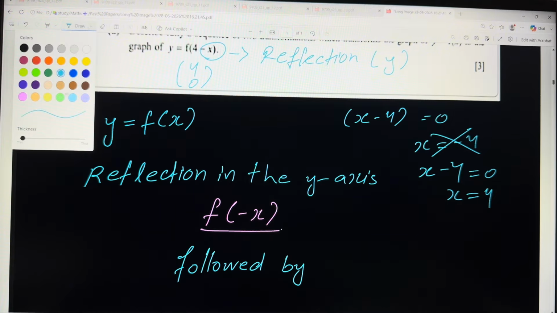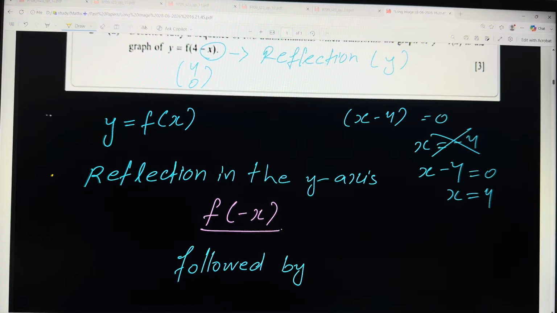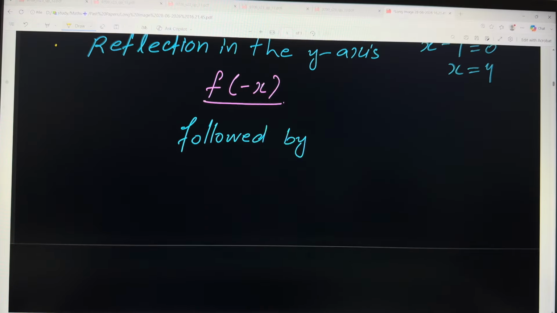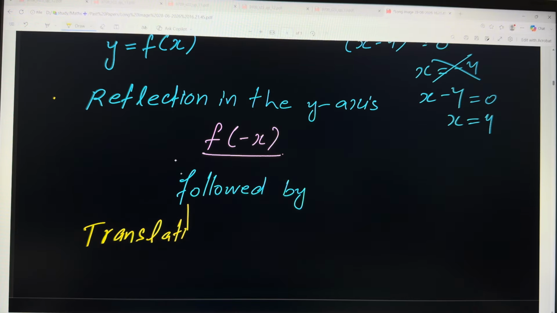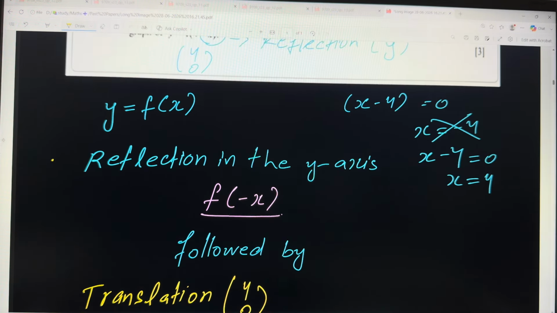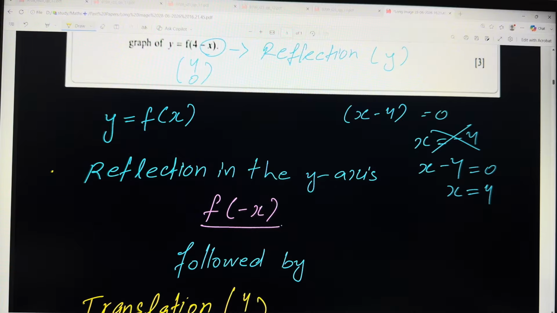So in this case, the translation is actually (4, 0) here. You might get confused that I just told you not to write this.